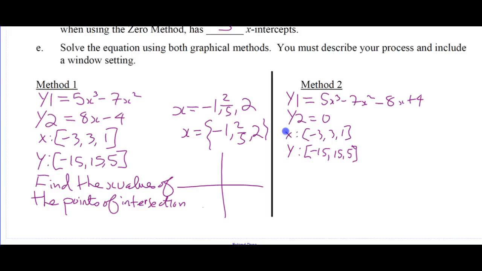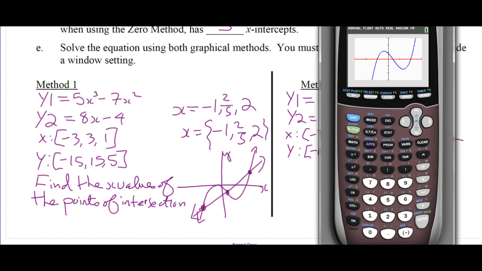So we should draw the graph. A sketch of the graph, good enough. And indicate the points. So this one, and this one, right? So do an indication.